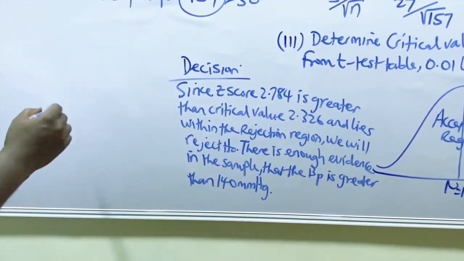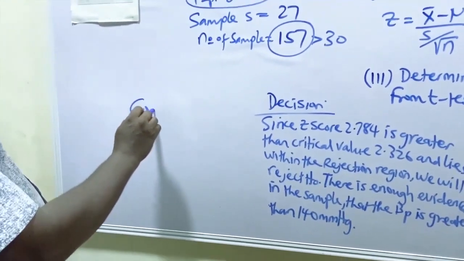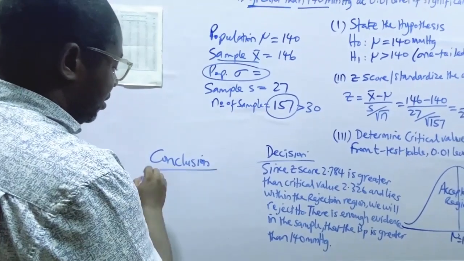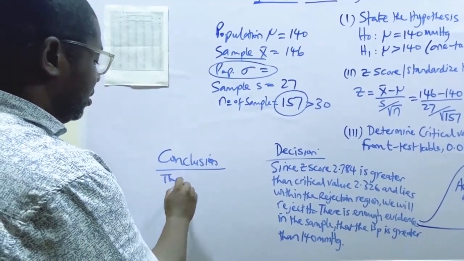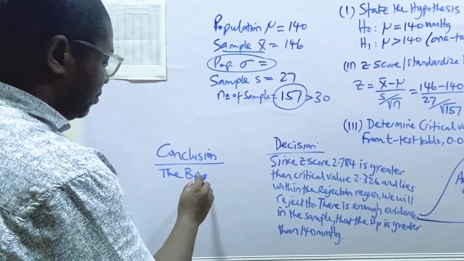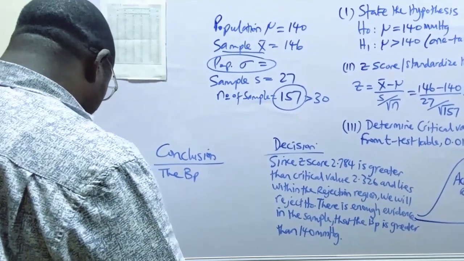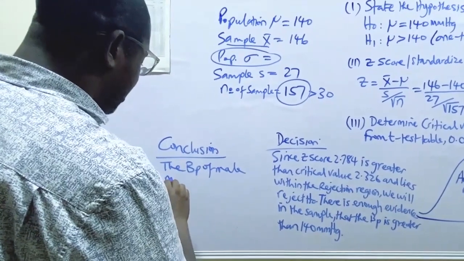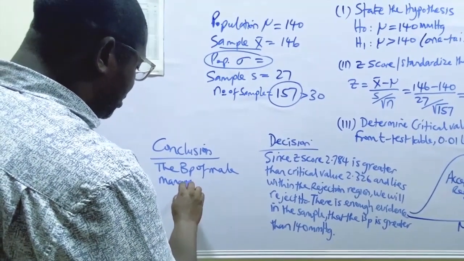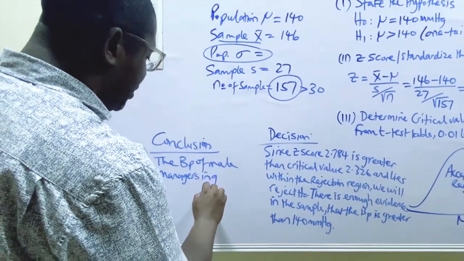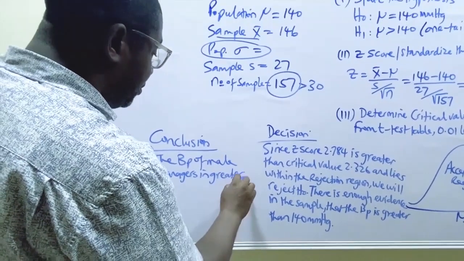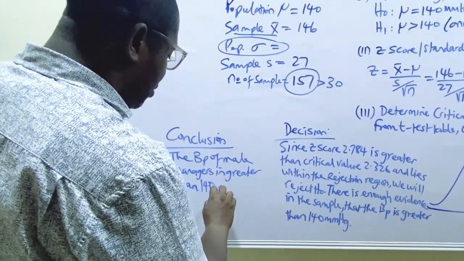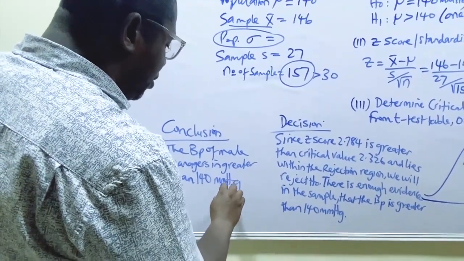So we're going to conclude. Let me write the conclusion here. Just you following. So the conclusion here is that the BP of male managers is greater than 140 millimeters of mercury.